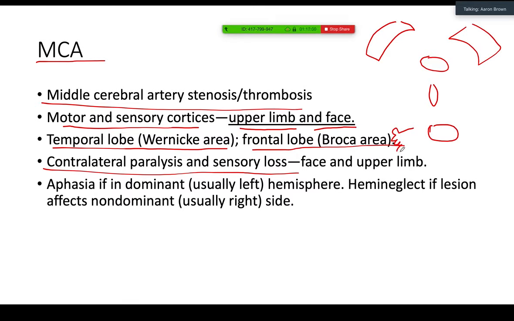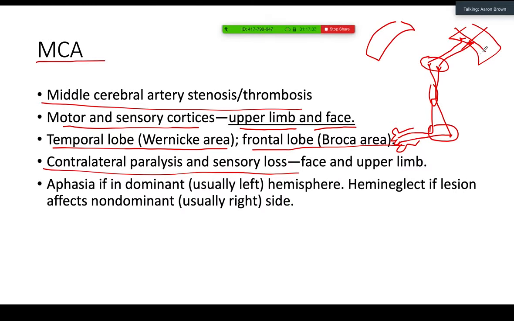Okay, so if we have a stroke in the left MCA here, well, that is all going to be sensory information that either decussates at the medulla, synapses in the thalamus, and then synapses here, so that would be contralateral, or it could be our spinothalamic pathway, which decussates at the spinal cord, passes through the medulla, synapses at the VPL, and then synapses again in the cerebral cortex. So that would be contralateral.